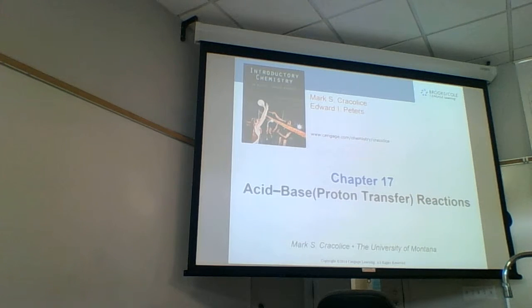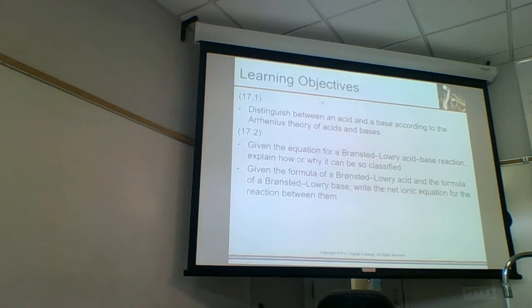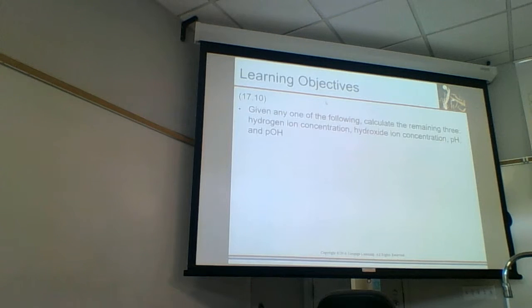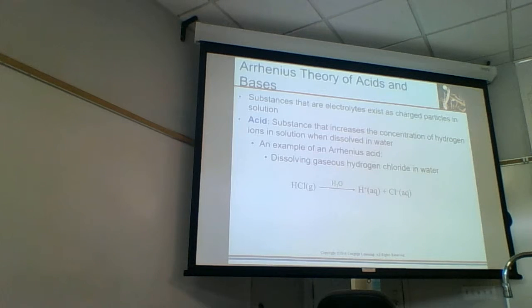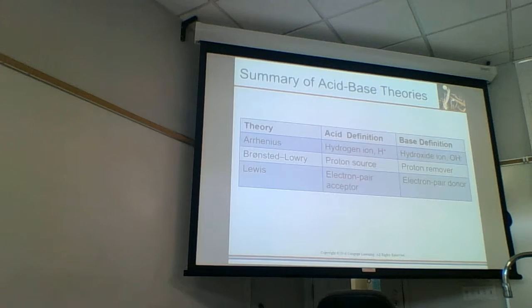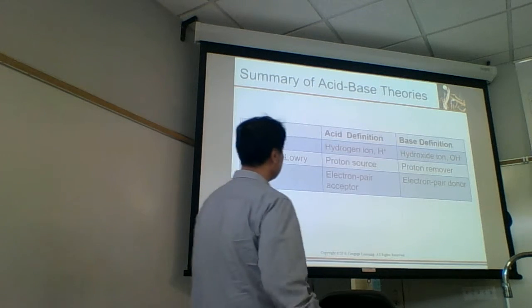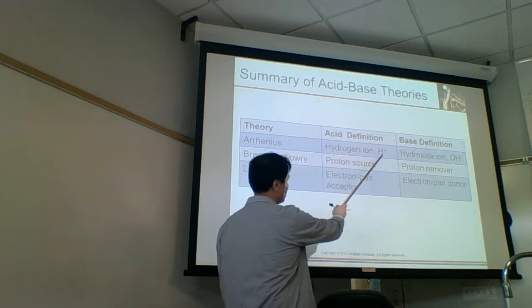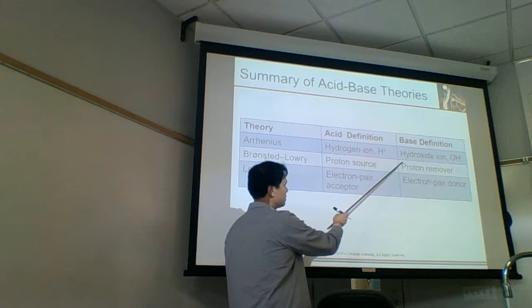When we think about proton transfer, it is only of the Bronsted-Lowry type definition. We have three definitions of what an acid and base are. We have the Arrhenius definition. Arrhenius definition is a bit too narrow because Arrhenius acid is H+ aq and Arrhenius base is OH- aq.